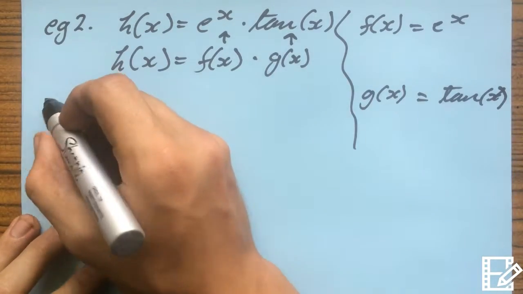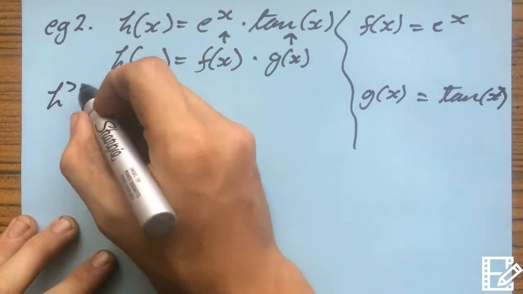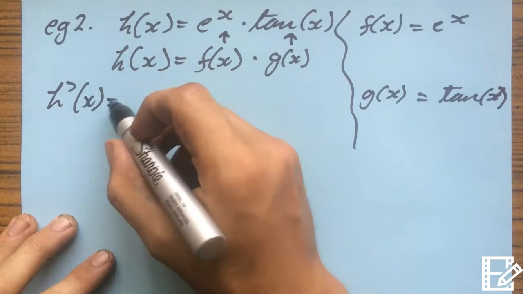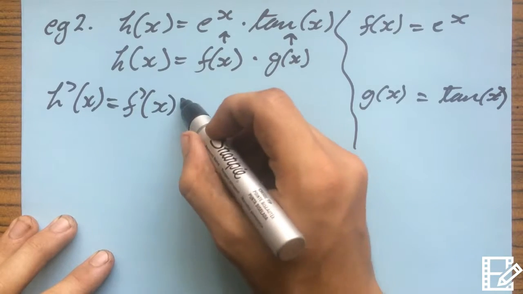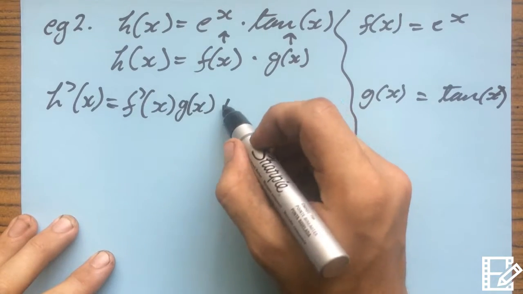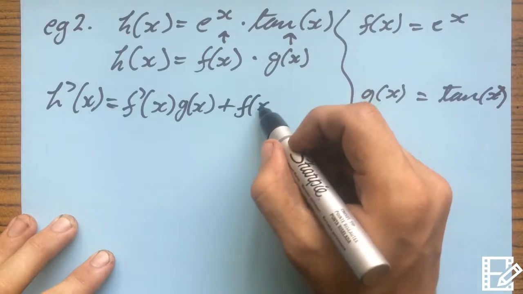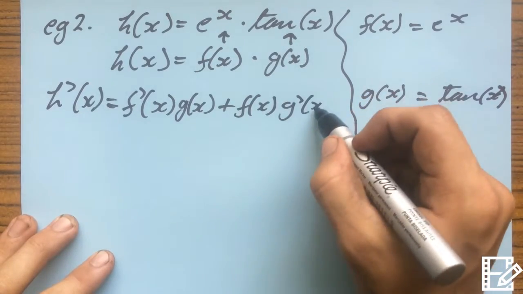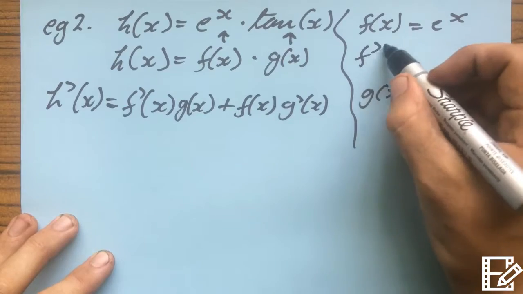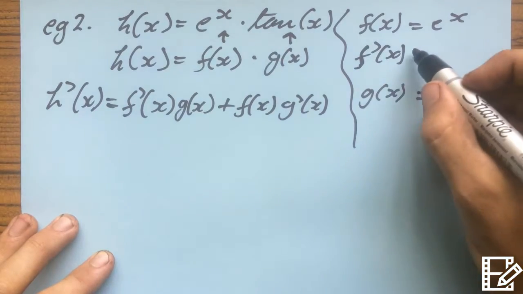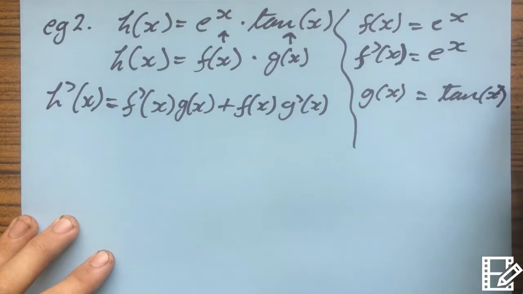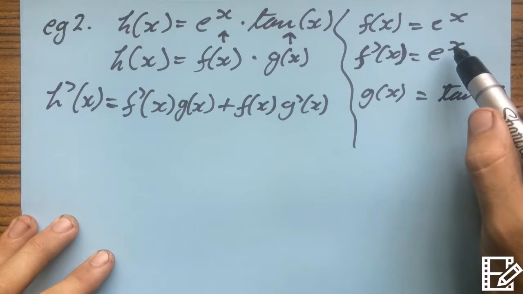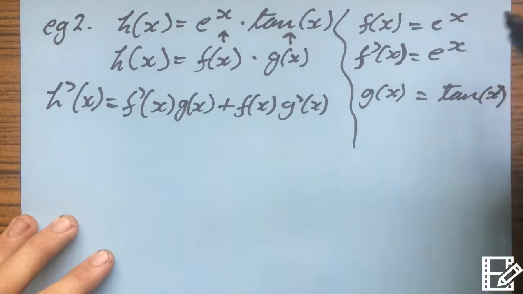So the formula for the derivative following the product rule is f dash x multiplied by g(x) plus f(x) multiplied by g dash x. So f dash x, the derivative of f(x), is e^x, because the derivative of e to the power of x is e to the power of x.